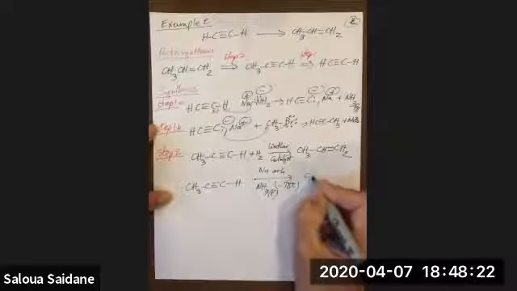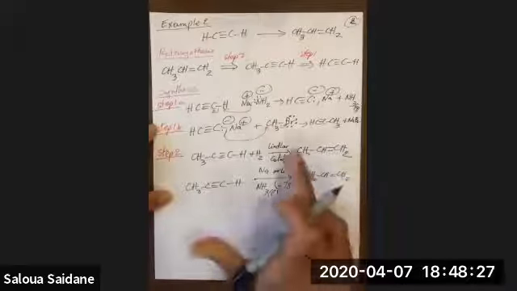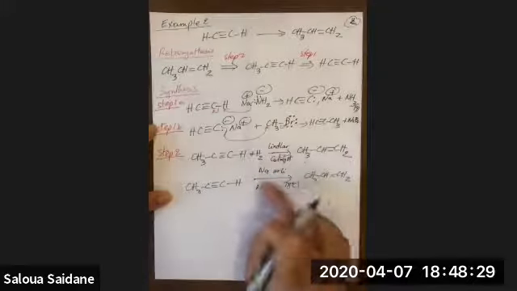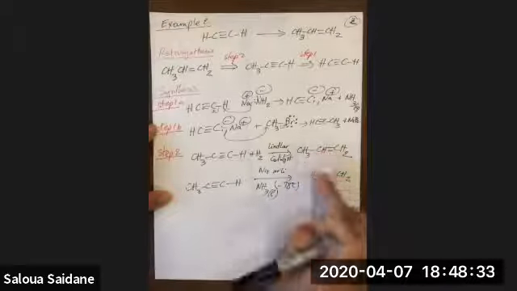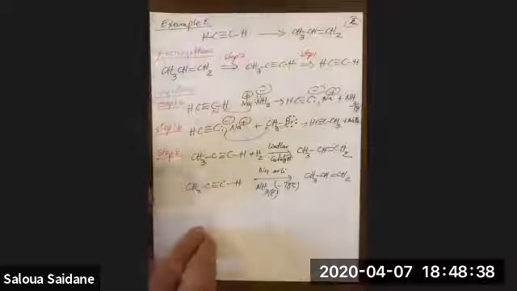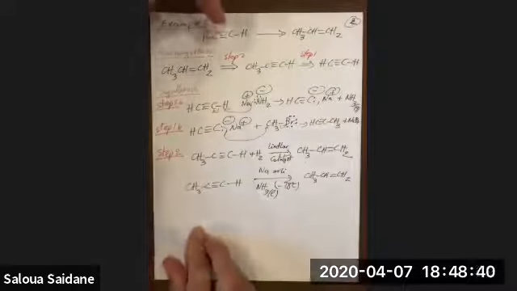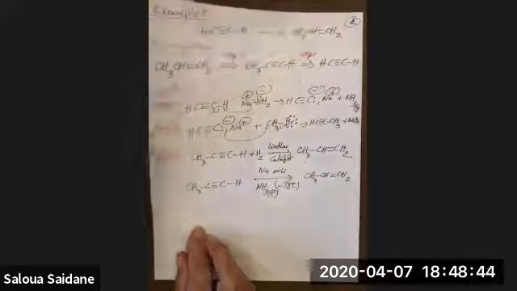This will also give us the same product. If you remember, the Lindlar gives the cis, this one gives the trans, but here, since we have only one substituent, we don't have cis and trans. So as you can see, this is a synthesis. It shows how we go from acetylide to this substance, which is propene.